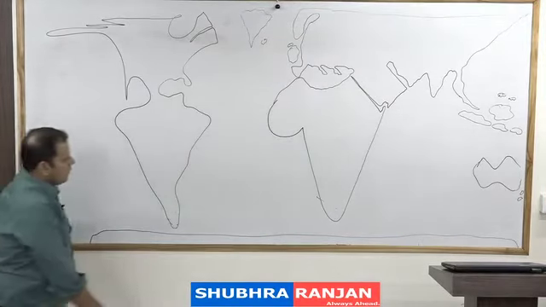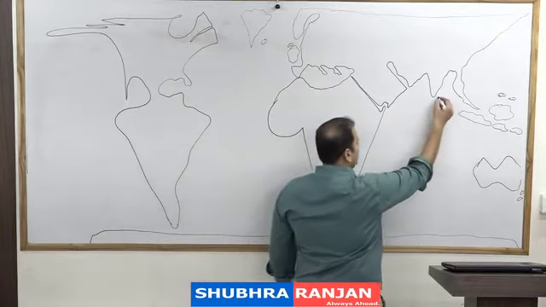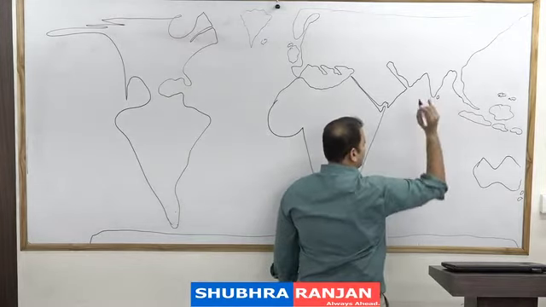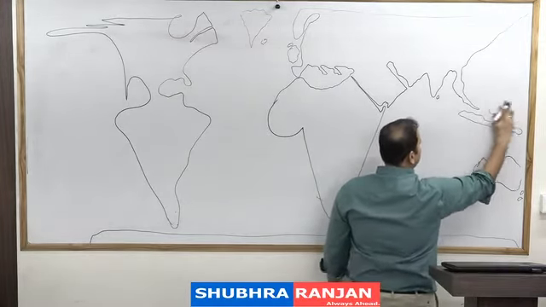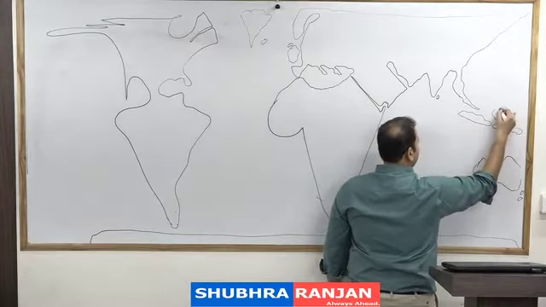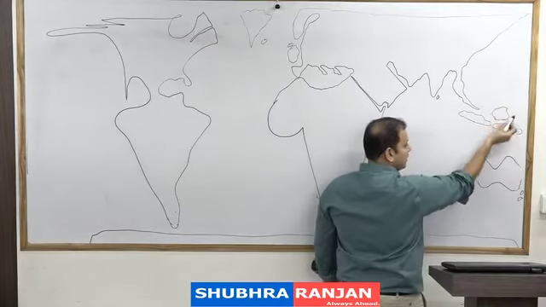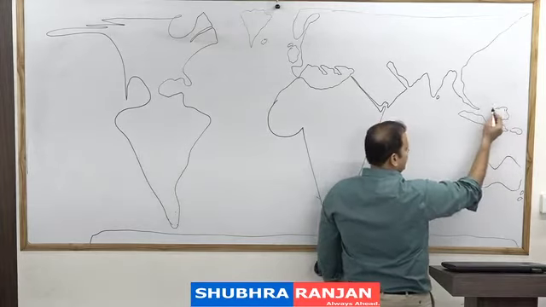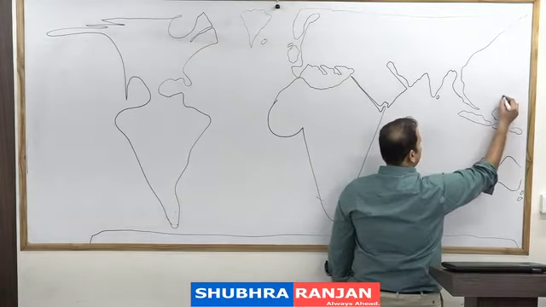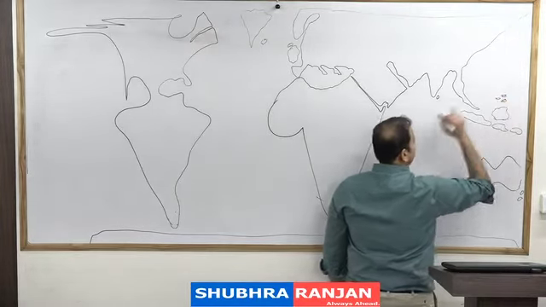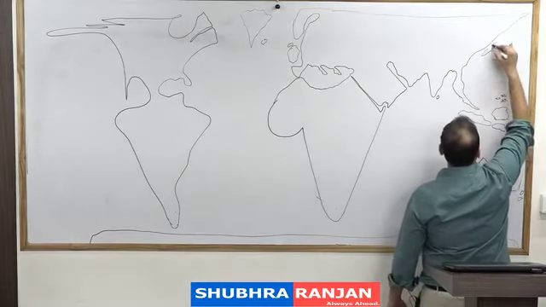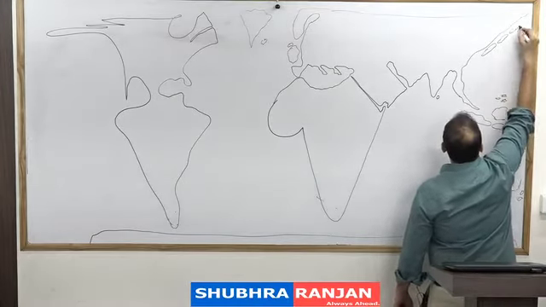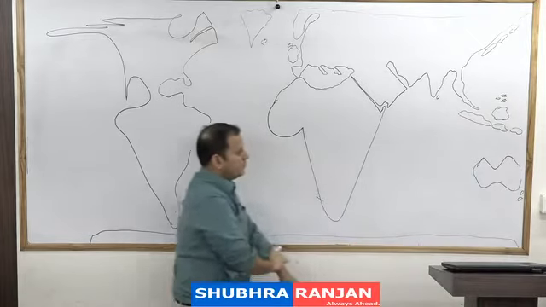So if we look, this island is Sri Lanka. Here also there are numerous islands. So can you tell me the names of these islands? What is this country? This is Indonesia. This country is Philippines, and this country is Japan. This country is Japan.